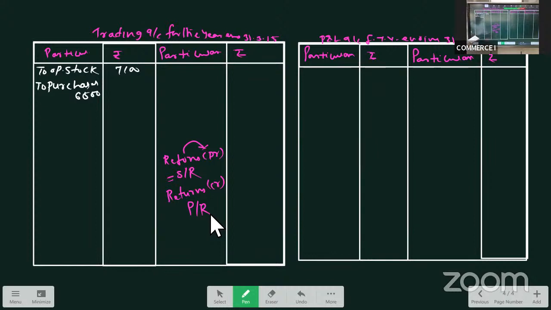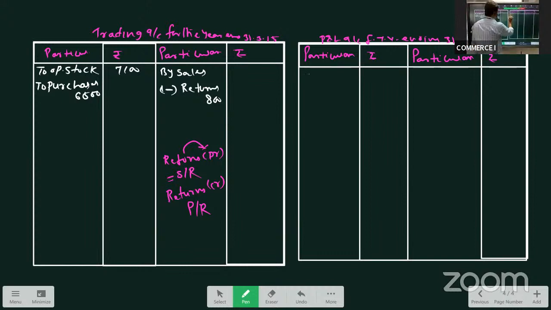So these returns given in the debit column are sales return. Those we will deduct from sales, minus returns. What is the value of returns given? 800.